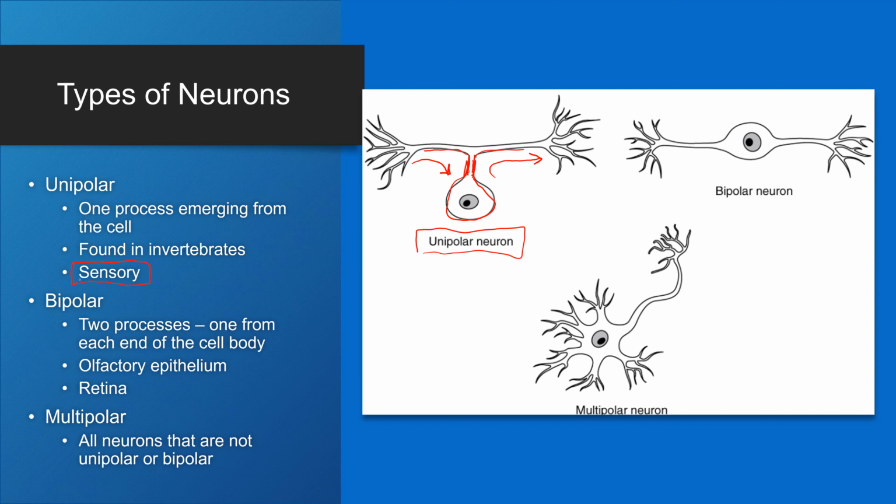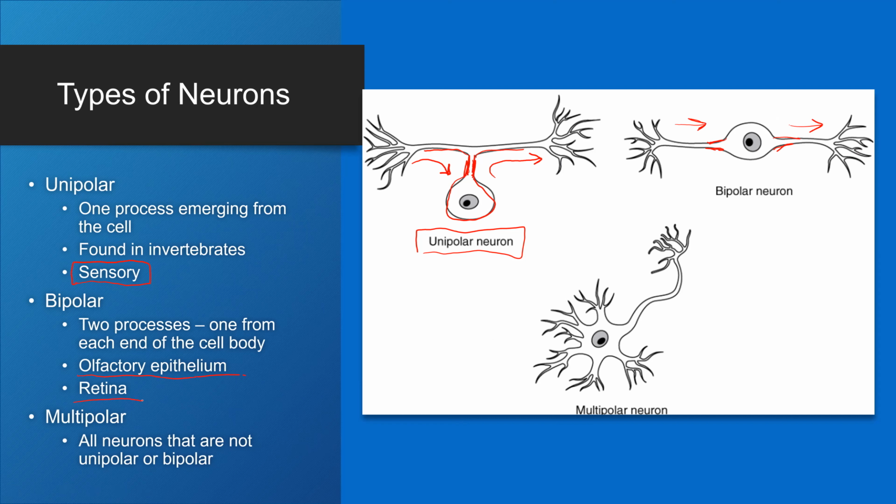Now, bipolar neurons are pretty rare, and we have two processes from the cell body, right? That's why it's called bipolar. This one is going to be a dendrite, and this is going to be an axon. As I said, very rare examples would be olfactory neurons or neurons found in your retina.